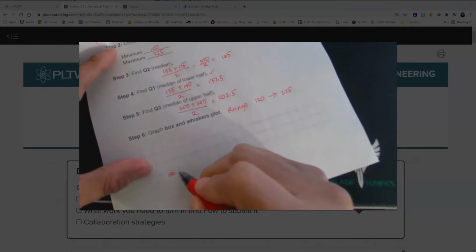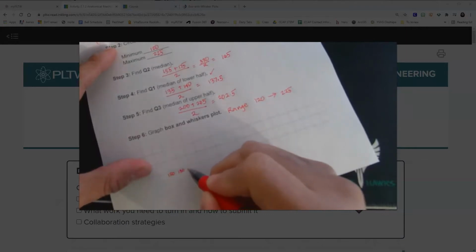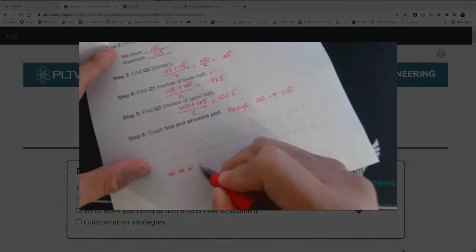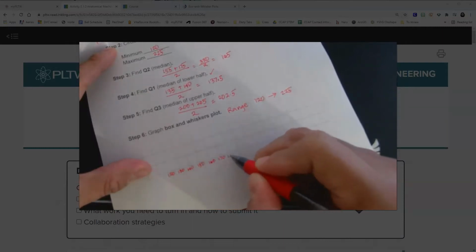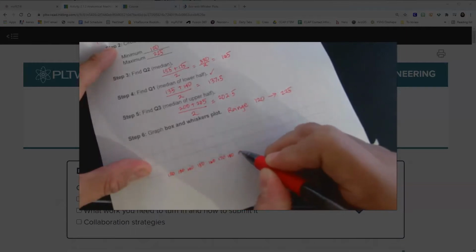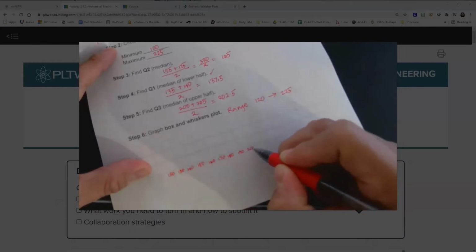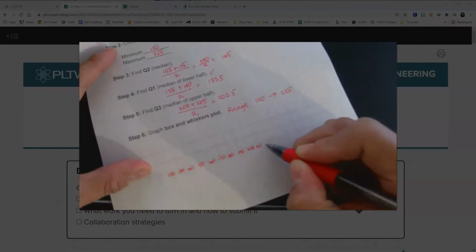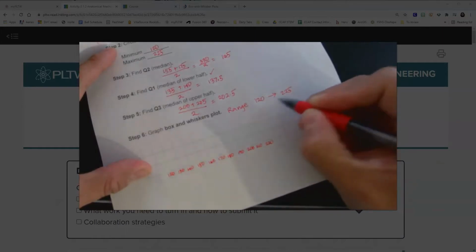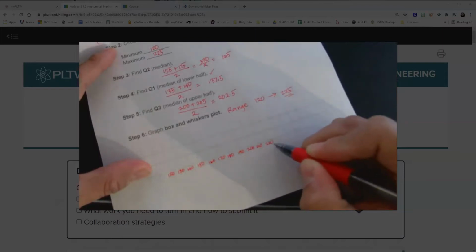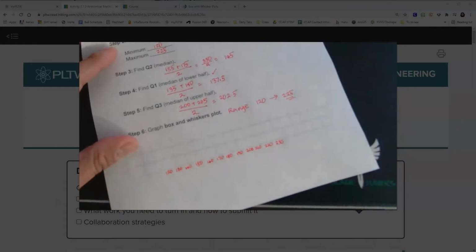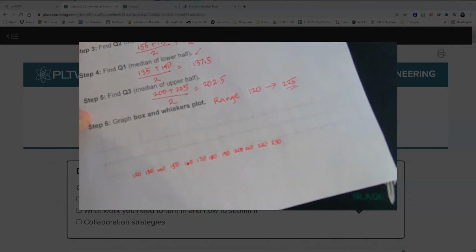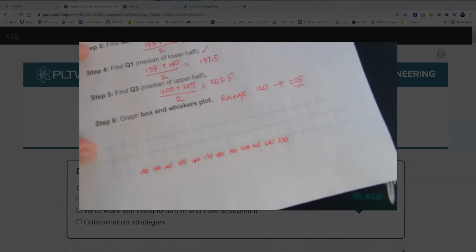So 120, 130, 140, 150, 160, 170, 180, 190, 200, 210, 220, and our maximum is 225, so I have to go past 220 and put 230 right here. Okay, so these are my numbers.